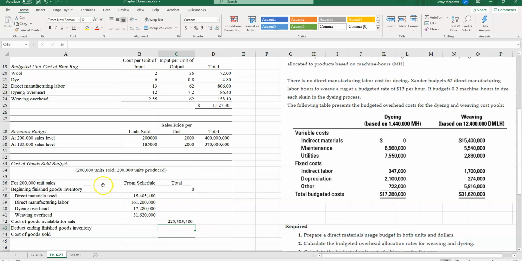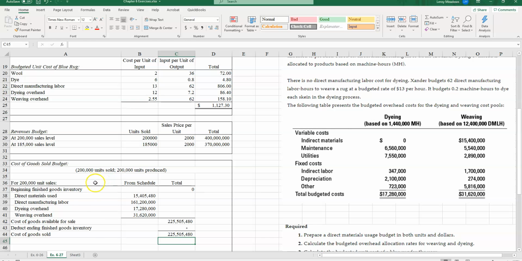And again, if we're selling 200,000 units and we produce 200,000 units, do we have any finished goods inventory? No, we do not. So I just simply have here my cost of goods sold of $225,505,480. And this is assuming the number of units produced is the number of units sold.